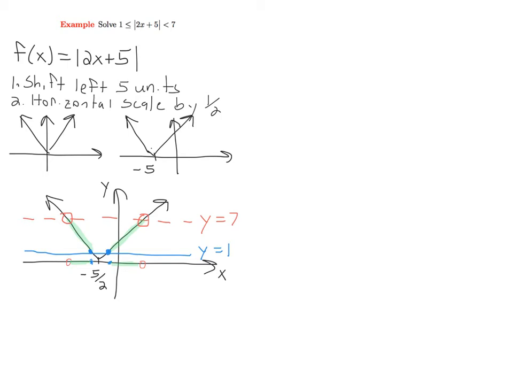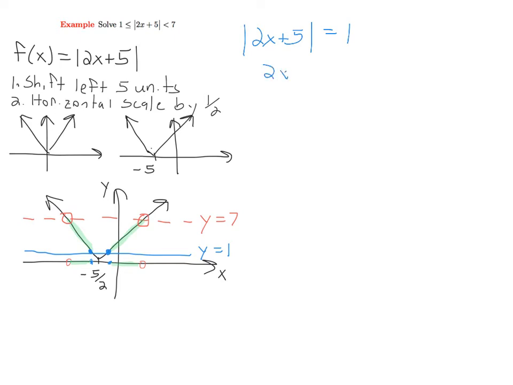So let's find what these values are algebraically. So looking at the lower inequality, we want to figure out where the black absolute value graph intersects the horizontal line through y equals 1. So we want to solve when is the absolute value of 2x plus 5 equal to 1. And that's going to give me the intersection points on the blue line.